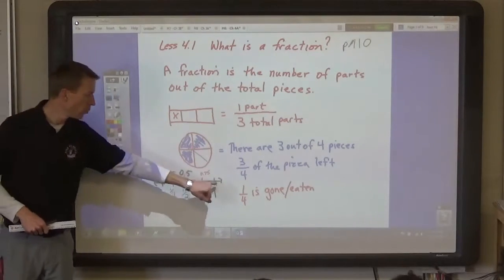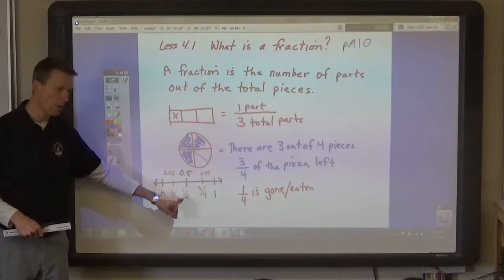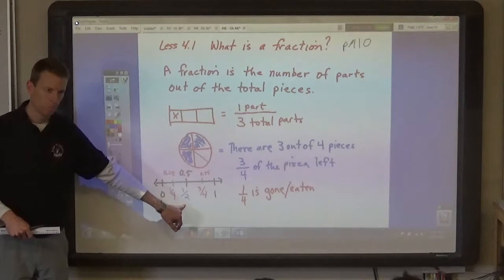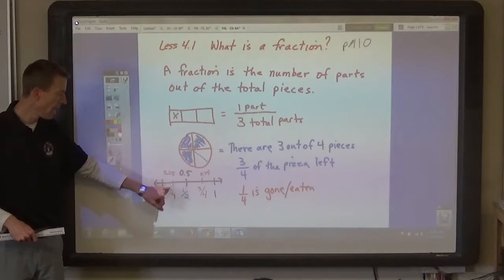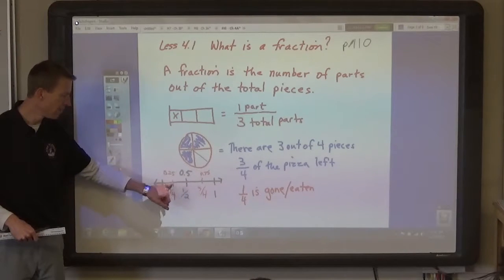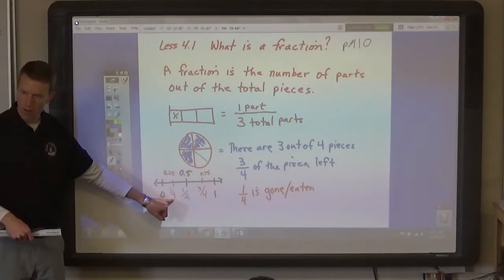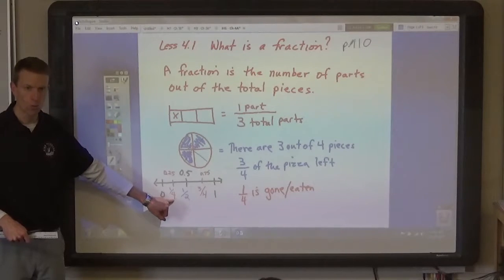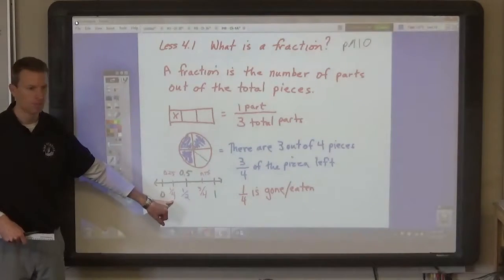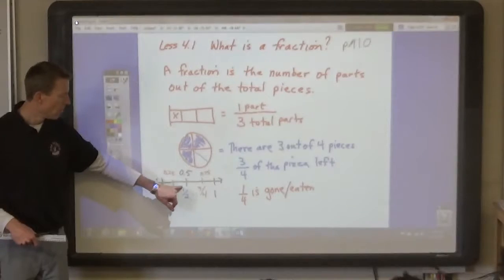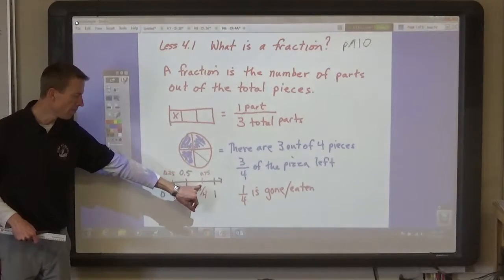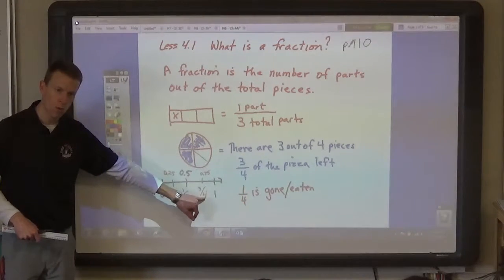So halfway between is 1/2. And then halfway between the 0 and half is 1/4. That's called a 1/4 inch. And if you go past the 1/2, you get to 3/4 of an inch.